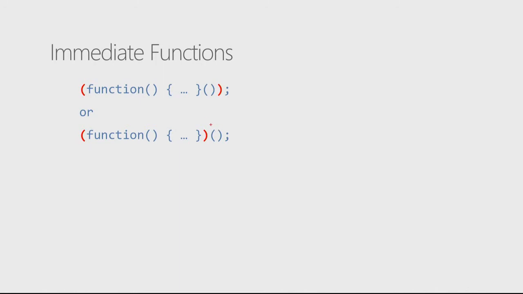Whereas over on this side, you'll notice that these parentheses are on the outside. Both styles work. The main reason why you would do this is because you want to have the code, which is really represented by the ellipsis in both of these examples, to execute as this is being processed.